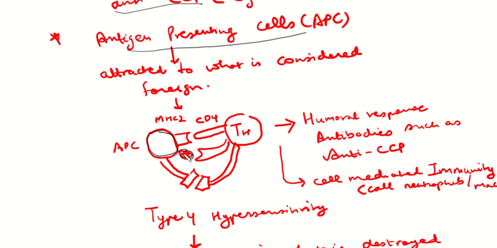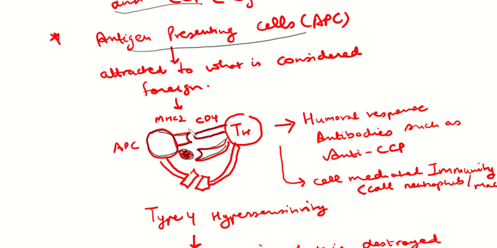So again, you have the antigen, and then you have the T helper cell receptor, which connects. And then, of course, T helper cell is a CD4 count, and antigen presenting cell is a MHC2 cell. So the CD4 attaches to MHC2.